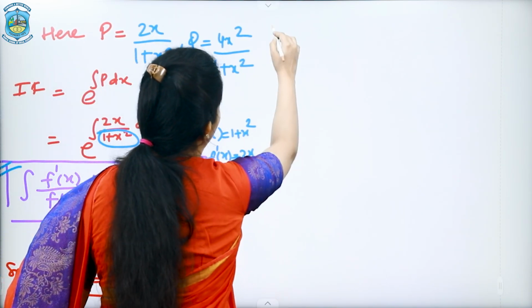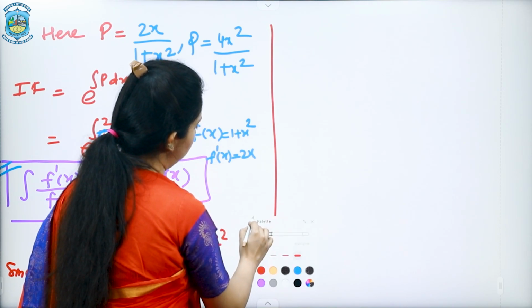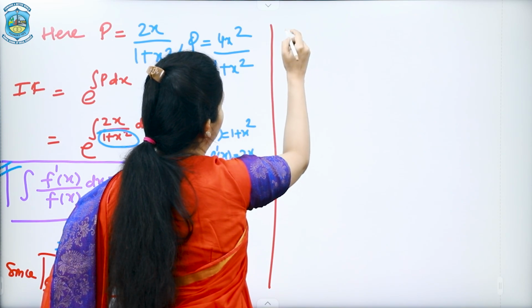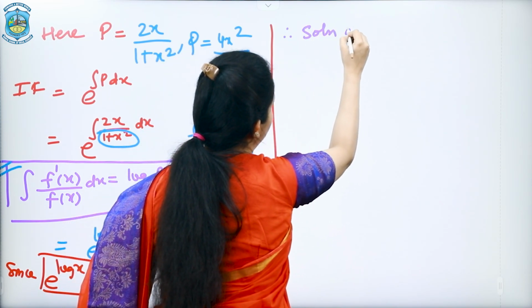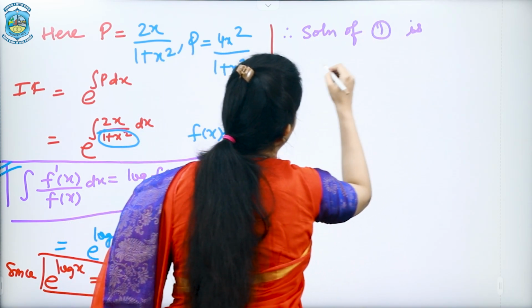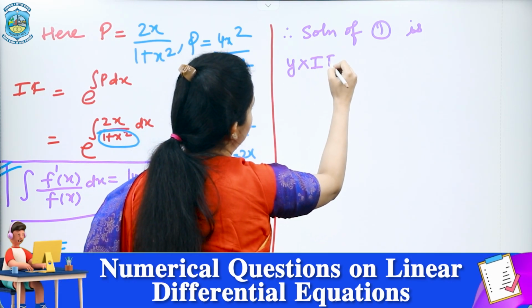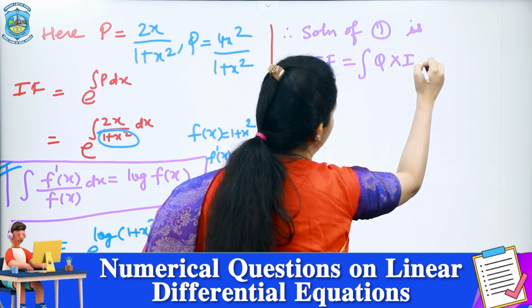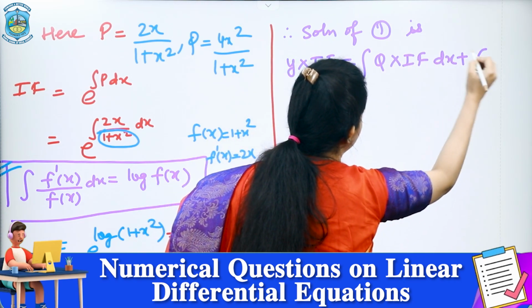Now, step number 4 is you have to write the formula for general solution for the linear differential equation. So, therefore, the solution of equation number 1 is y into integrating factor is equal to integral of q into integrating factor dx plus c.